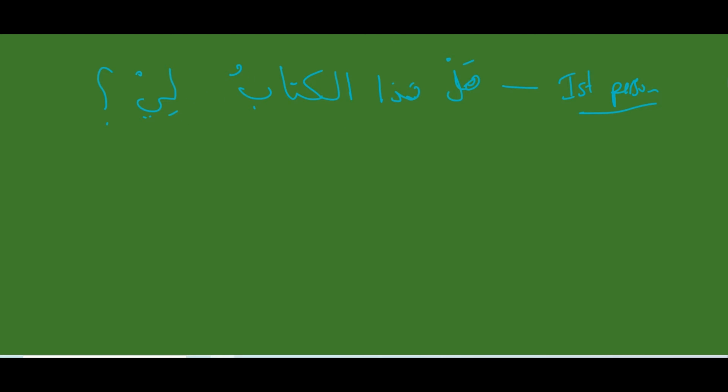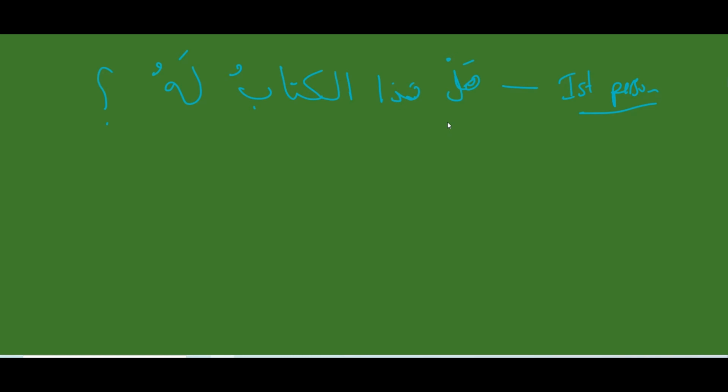Now, for example, I don't want to use li. I want to use another preposition, another dhamir. I will say lahu. The first person is still always the person who says out the question.